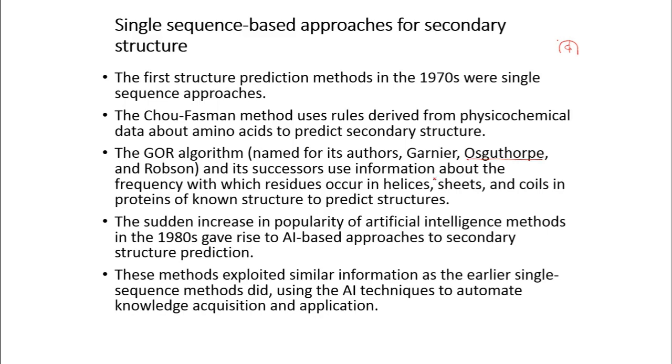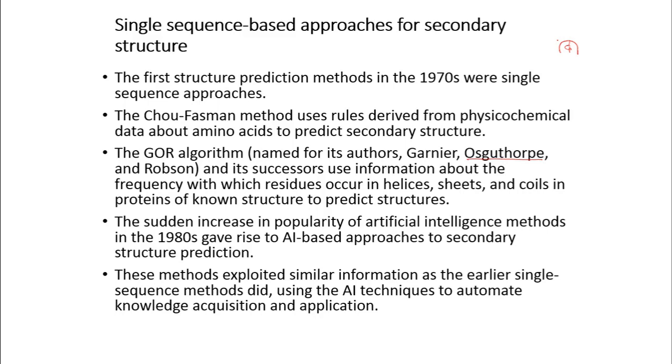This GOR algorithm was further developed, with successors like GOR 1, GOR 2, GOR 3, GOR 4. What these people used was information about the frequency with which the residues occur in helices, sheets, or coils in proteins of known structure to predict the structures.